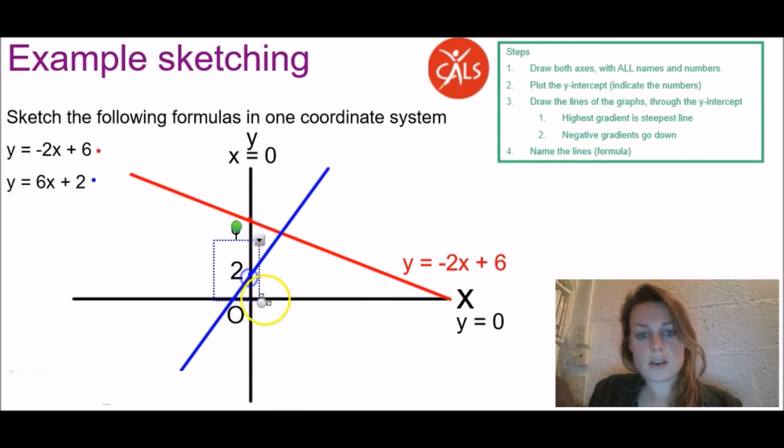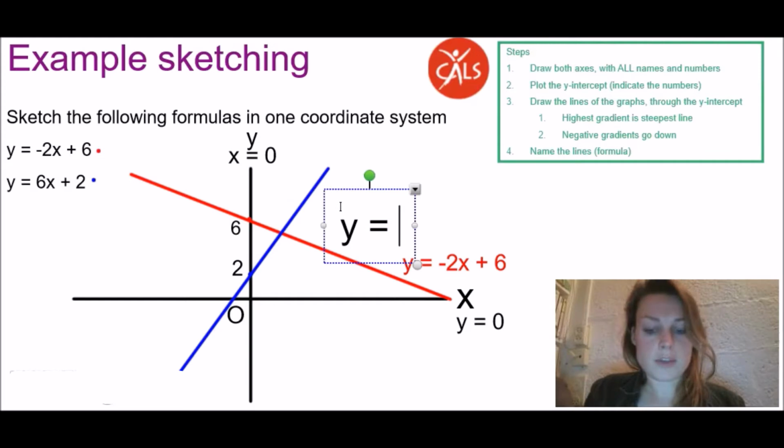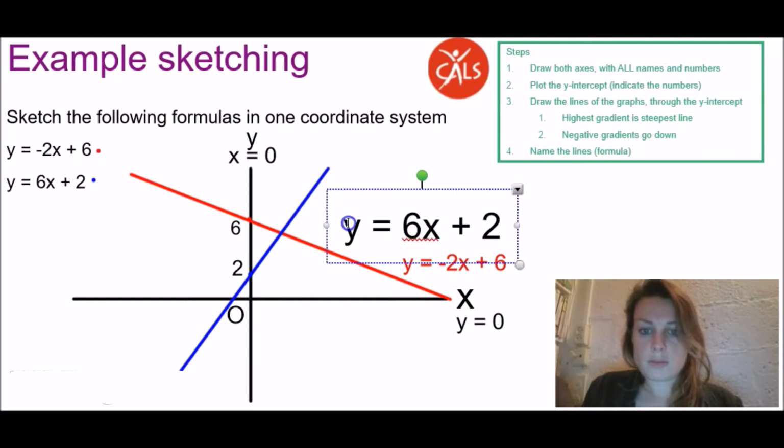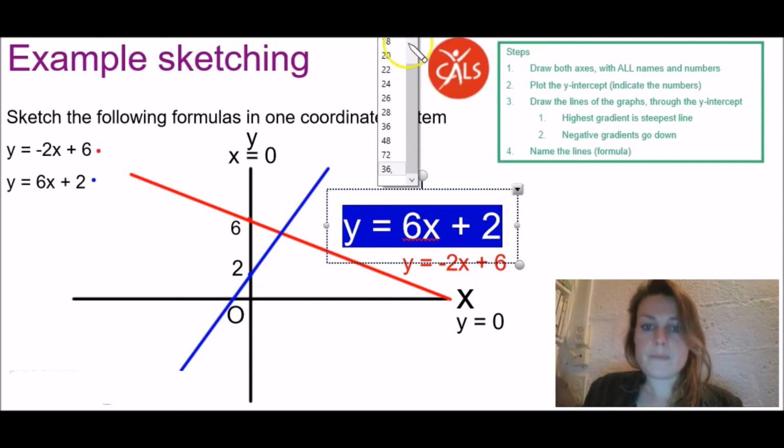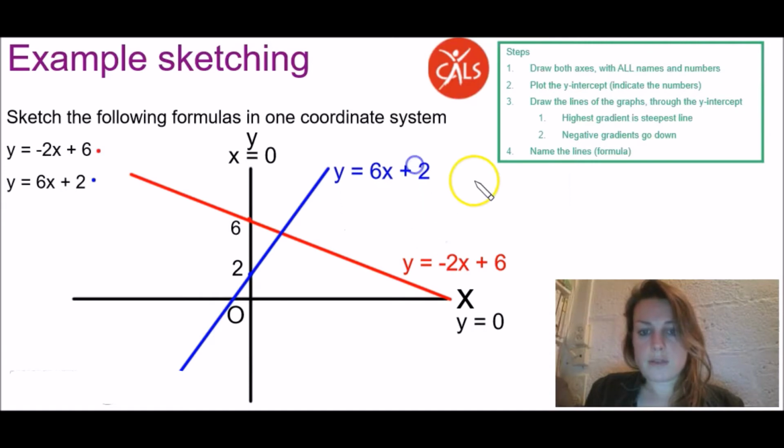And then we have to name the line, which is y is 6x plus 2. I'm also going to make that one blue, just like the line, and put that over here.